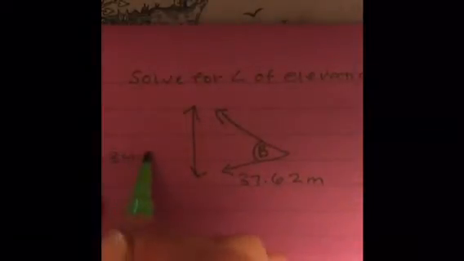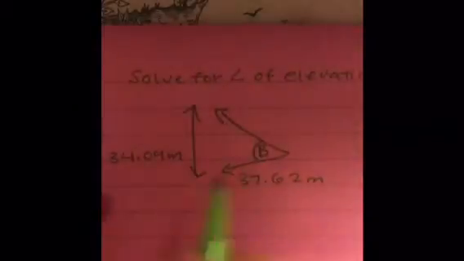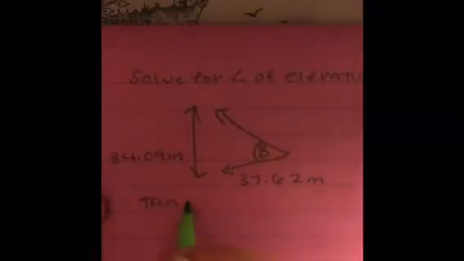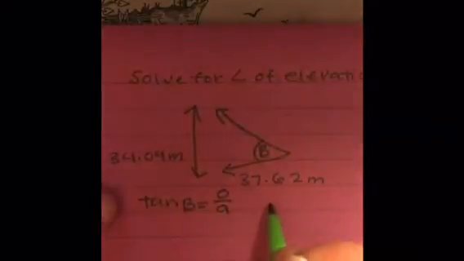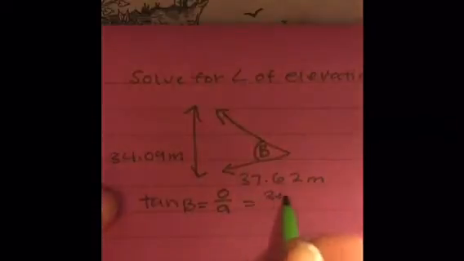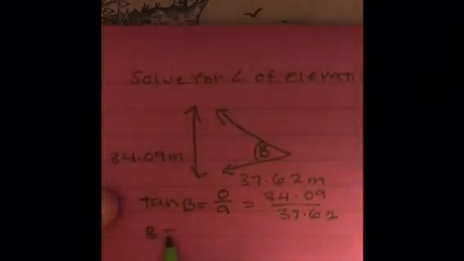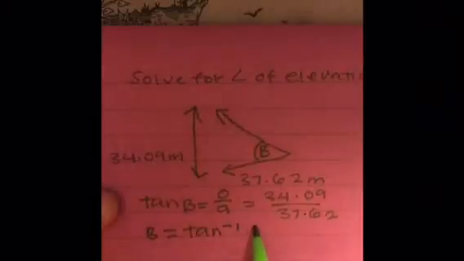And the first step to take with this is to find tangent of B, which is opposite over adjacent, or 34.09 over 37.62. And next is inverse tangent, which is the same thing but inverse, and on a calculator that becomes 42.18 degrees. So the angle of elevation here is 42.18 degrees.